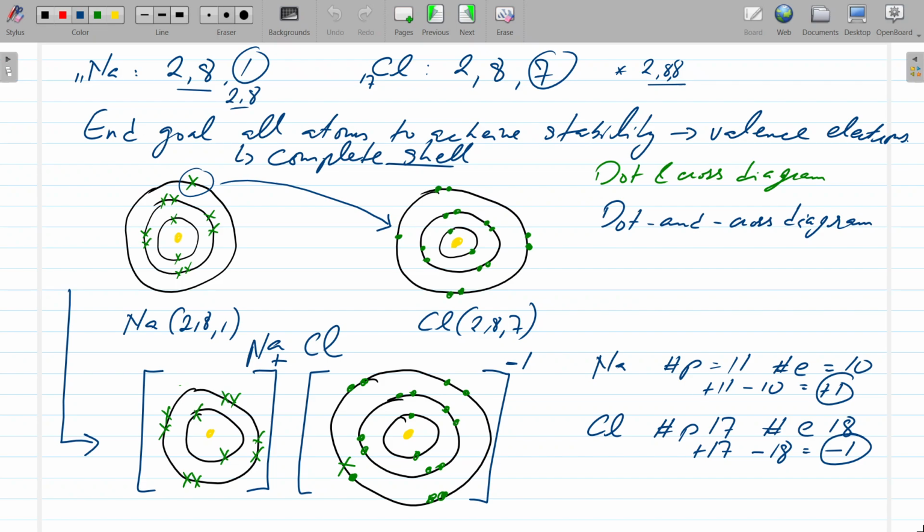So when one of them gains an electron, we represent it with the negative sign, and when one of them loses it, you represent it with the positive sign.